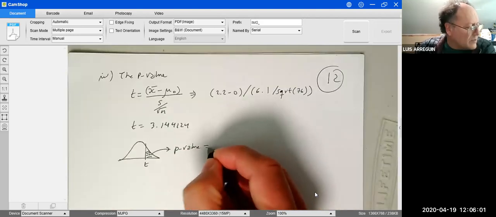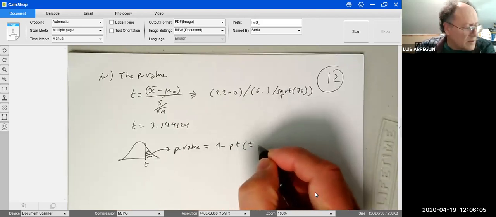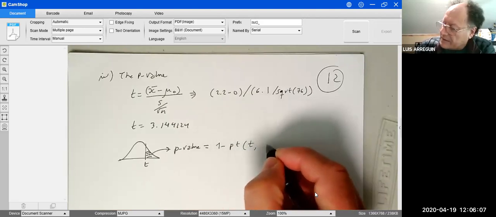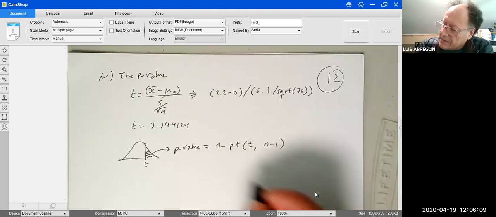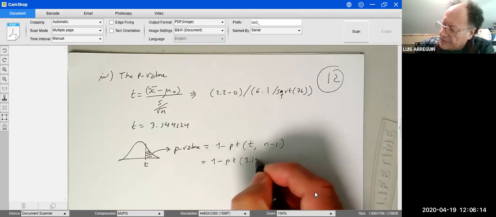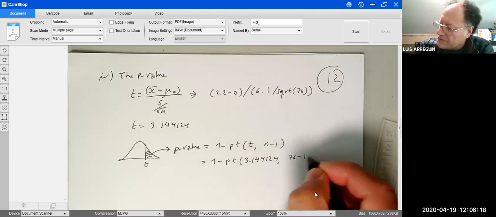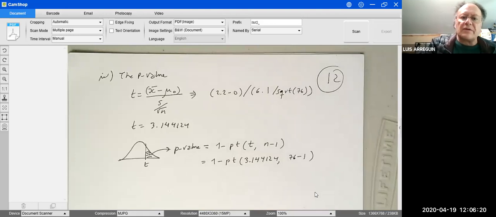It's going to be just 1 minus pt of the test statistic t, with the degrees of freedom. So this is going to be 1 minus pt of 3.144124, and we have 76 minus 1 degrees of freedom. We type this into our console.